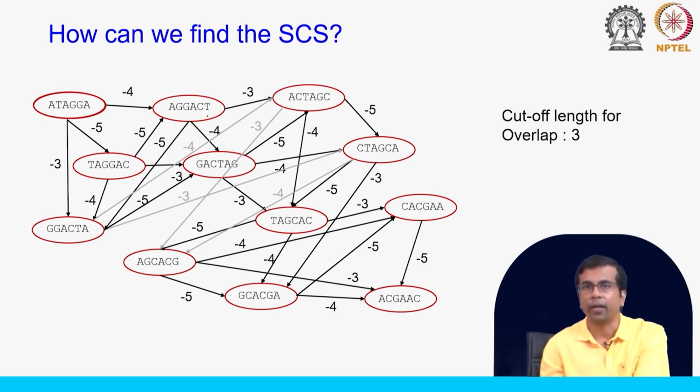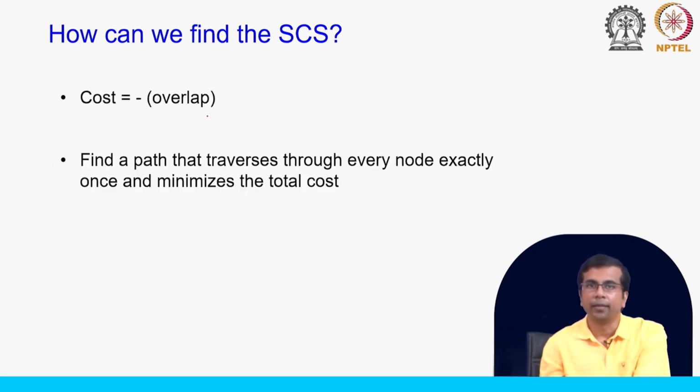What we have done is we have changed the sign of these edge weights, right. So, they are negative now. Okay, and what we have done is we have transformed the problem, right. So, this means we have to find a path that traverses through every node exactly once, but also minimizes the total cost now. Okay, instead of maximizing the total score, now we need to minimize the total cost, right.